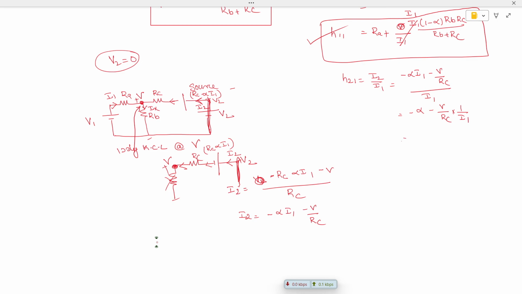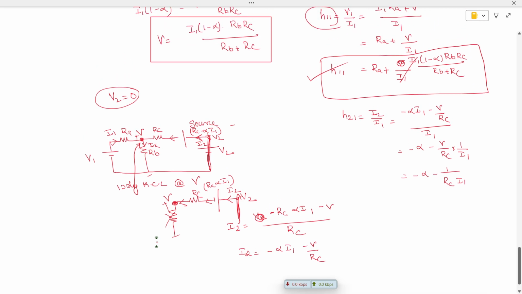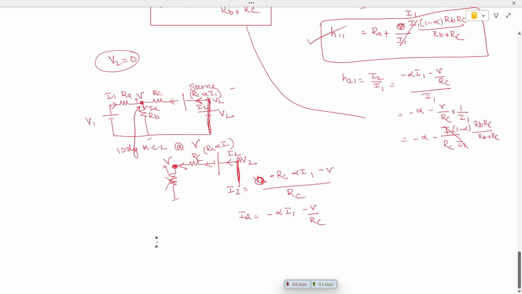When you substitute here, the value of V we have already solved. The value of V is I1 into 1 minus alpha RB RC divided by RB plus RC. So you will not have this value of I1. So therefore this is the resultant value of H21.